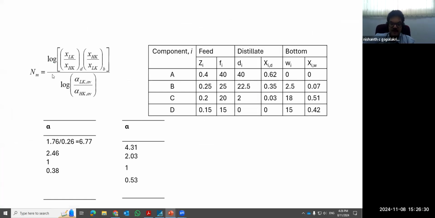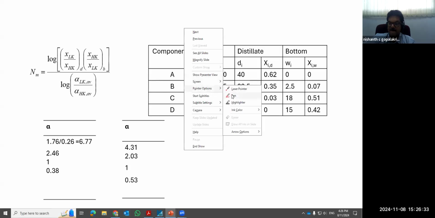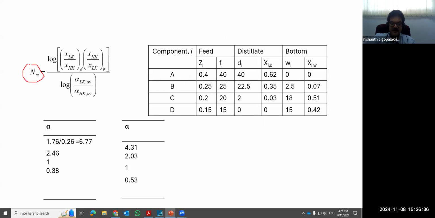Now, in order for us to find the minimum number of stages, we need to know X LK at the distillate, X HK at the distillate, X HK at the bottom, X LK at the bottom, alpha light key average, alpha heavy key average. So we need to find 1, 2, 3, 4, 5, 6, 6 things, right? So we all know that B is the light key, and C is the heavy key.